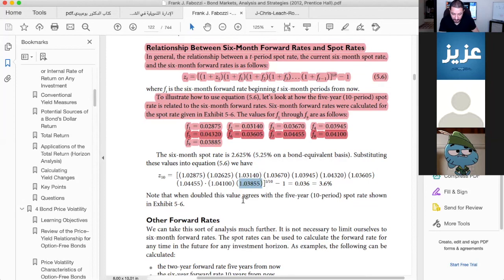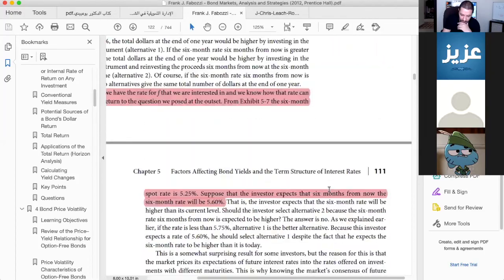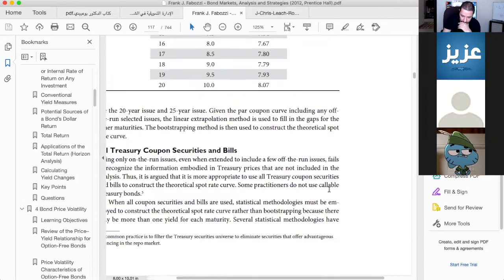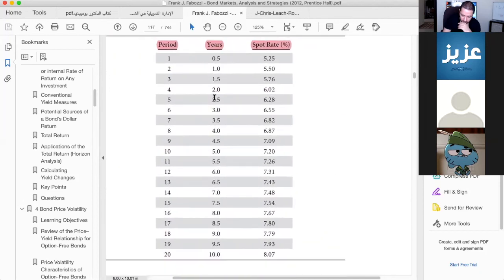So these values, when doubled, should agree with the 5-year spot rate shown in Exhibit 5.6. So 3.6 times 2 is equal to 7.2%. If you go to Exhibit 5.6, for 5 years and 10 periods, we should end up with the same spot rate.